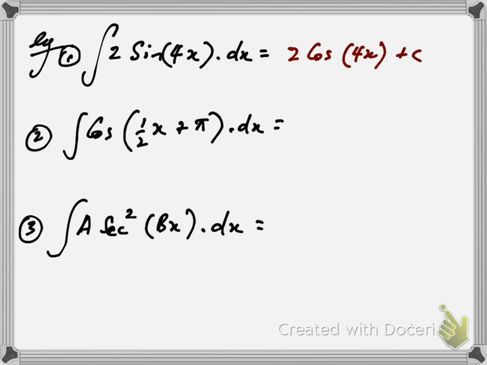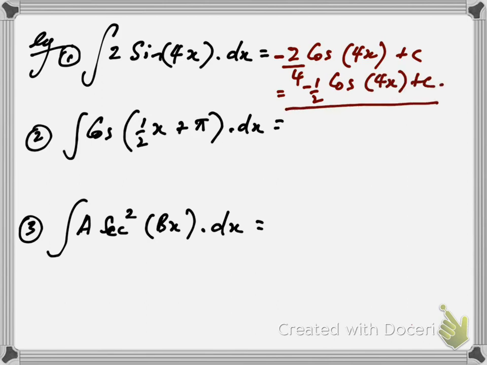Then you differentiate the 4x, you get 4, you divide by 4, and sine to cos is a negative, so it'll be negative 2 over 4, which you can simplify to negative half cos 4x plus c, and there you go.